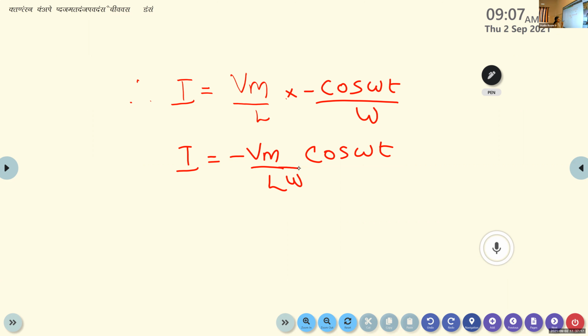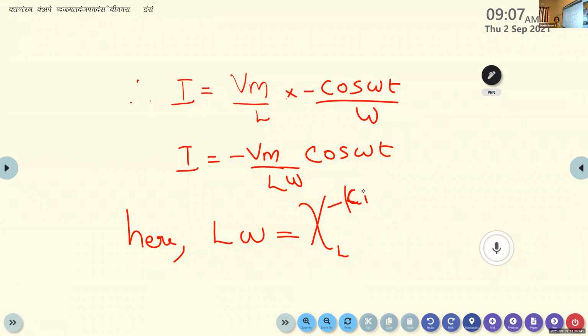And here, this Lω is equal to XL. Pronunciation is chi.